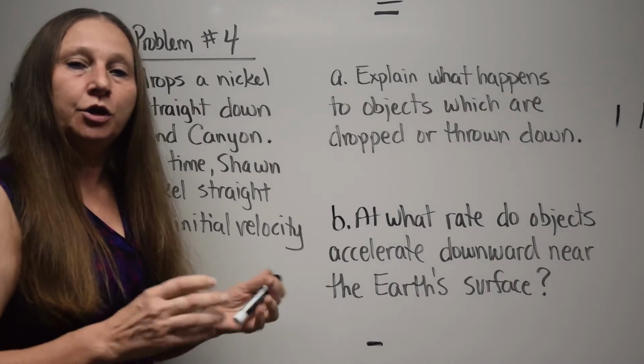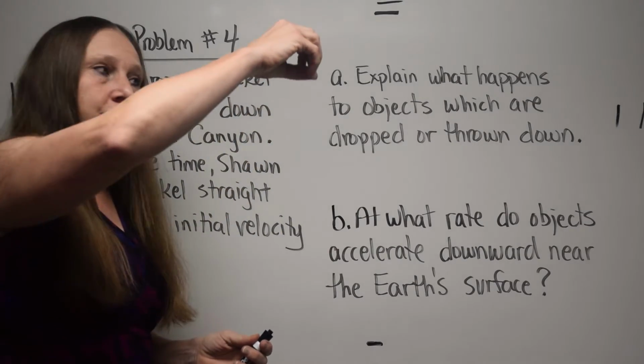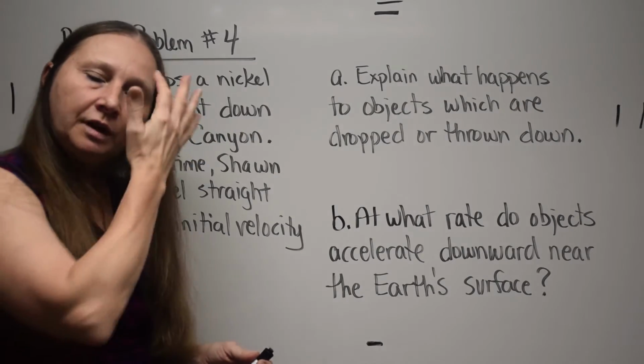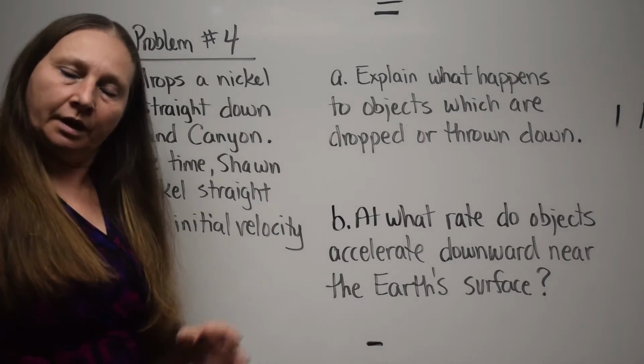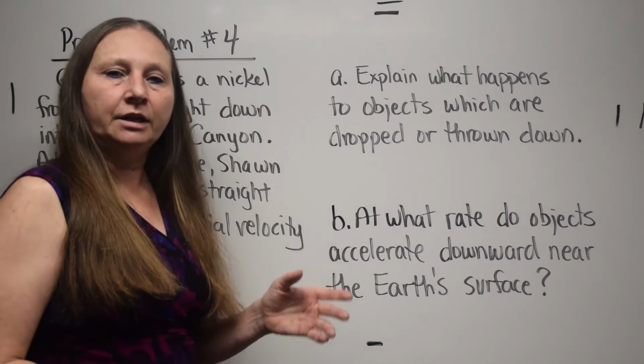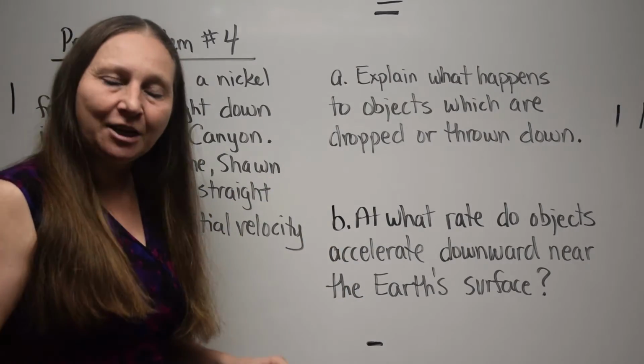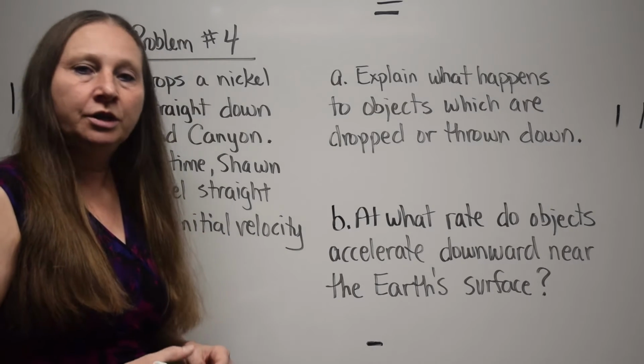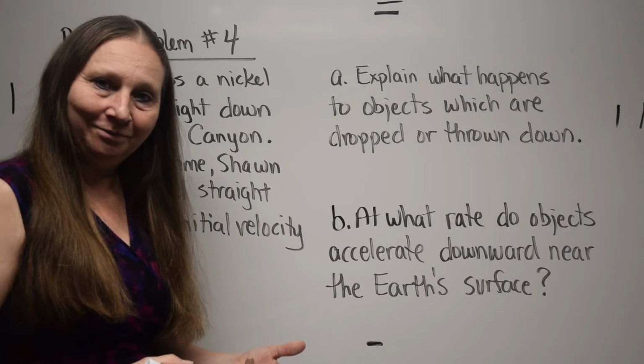Well, the same thing is going to happen whether an object is just dropped or it's thrown down with some initial velocity that's not 0. In either case, the object is going to go faster and faster down. The Earth is going to cause the object to accelerate.